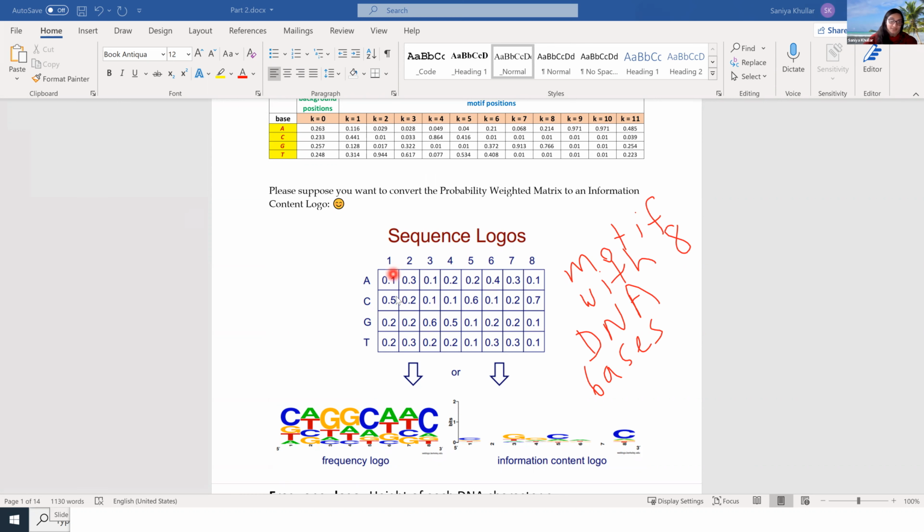What this is saying is that for the first position of the motif, we predict that about 50% of the time we will have a C in the first spot. So there should be a lot of the C here. It usually takes place 5 times out of 10 or 50 times out of 100. Then we're tied with G and T, so 20% of the time each. So it's almost half the height of the C in terms of the frequency.